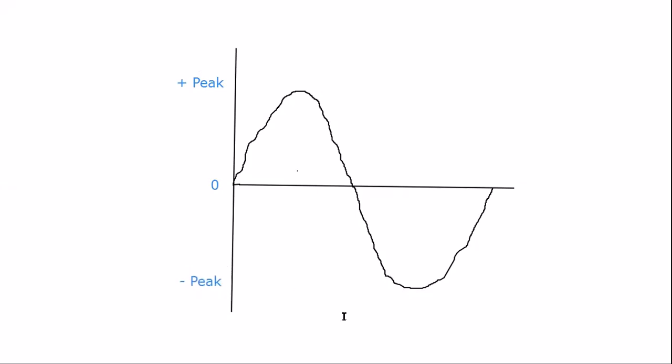Can somebody say what is the peak voltage that we have in the Bahamas for a single phase house? The most voltage you would get in your house right now.